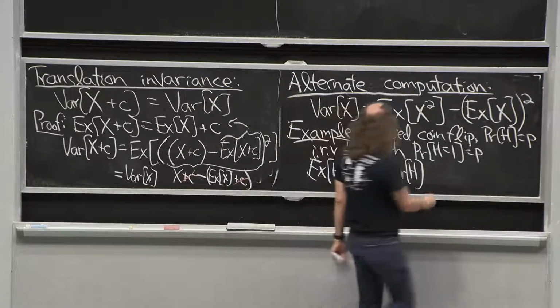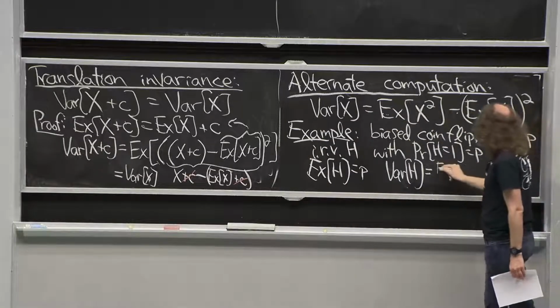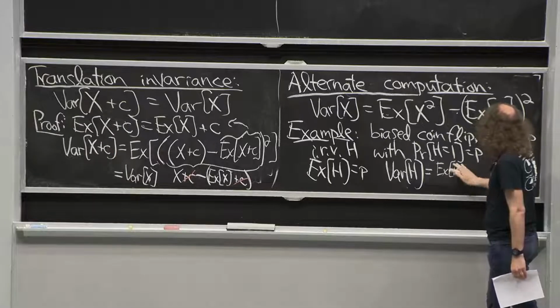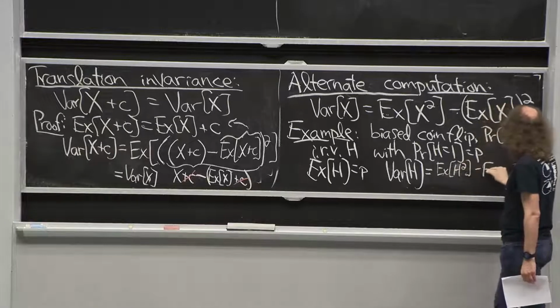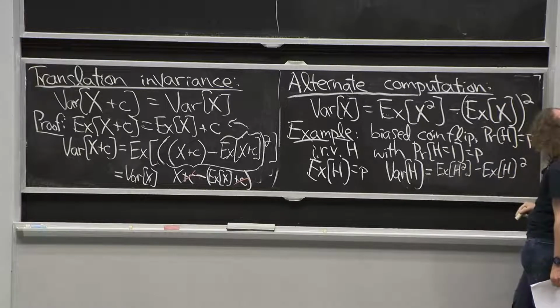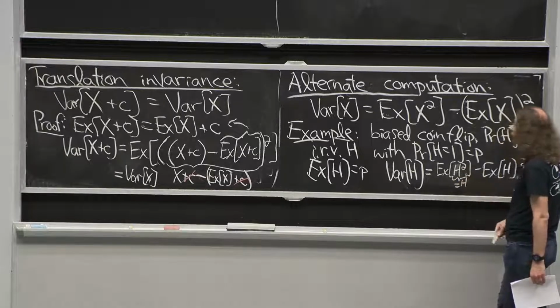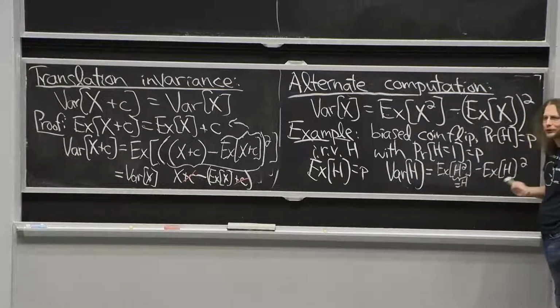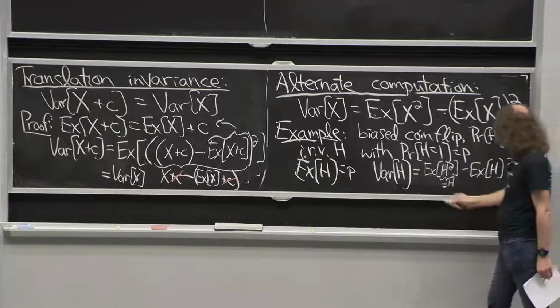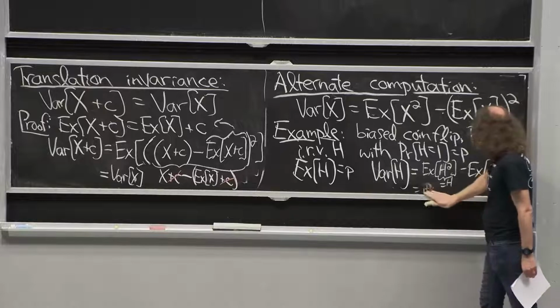So this is, according to this formula, expectation of h squared minus expectation of h outside squared. And h squared is equal to h, because if you take 0, you square it, you get 0. If you take 1, you square it, you get 1. So this thing is just expectation of h, which is p.